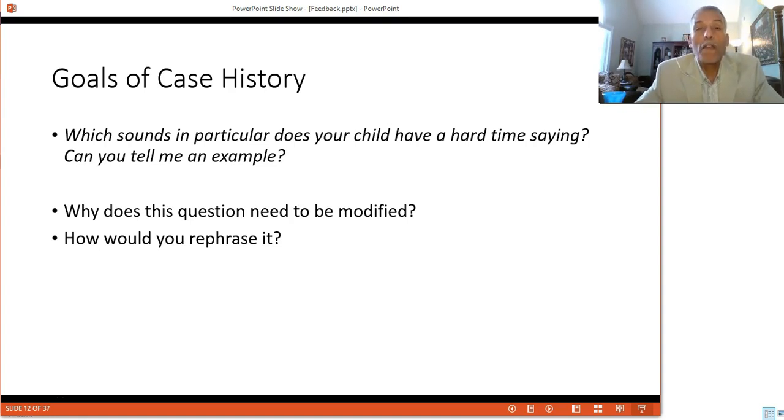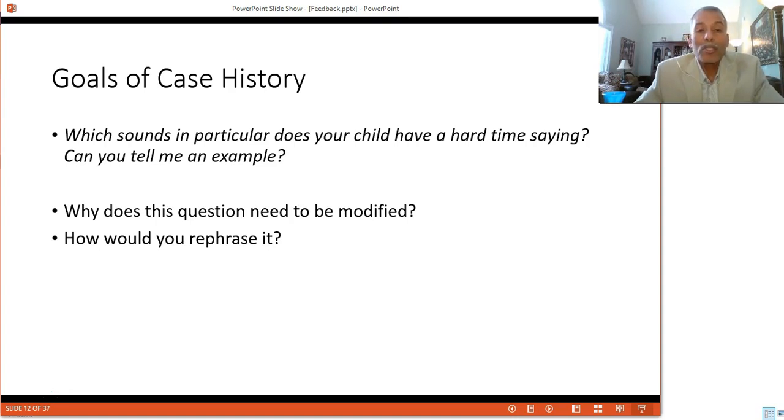She actually felt offended. It took her about 3 weeks to observe, and she came back, she's an allied health professional, a physical therapist, and said, yeah, I actually now notice it. So a question like this shouldn't be asked in that way. Just say, do you have any concerns about your child's speech, like the way he or she says words? Do you have a concern about this and that?